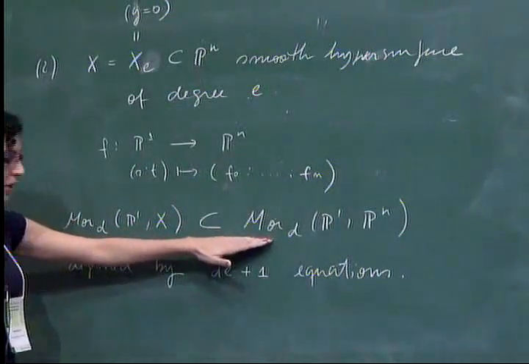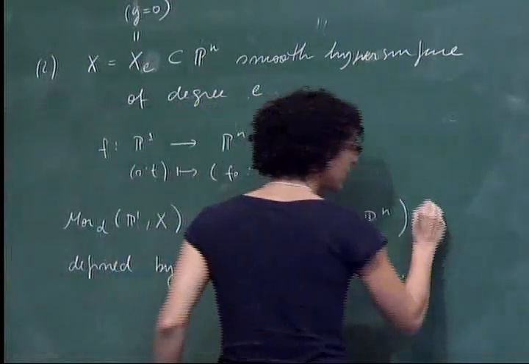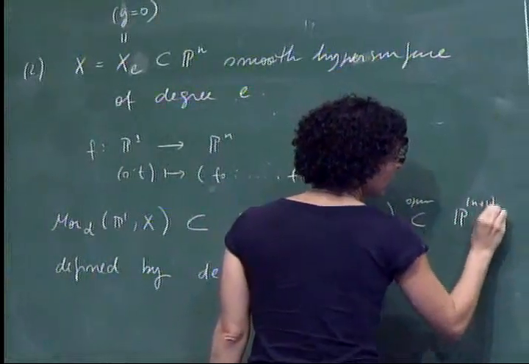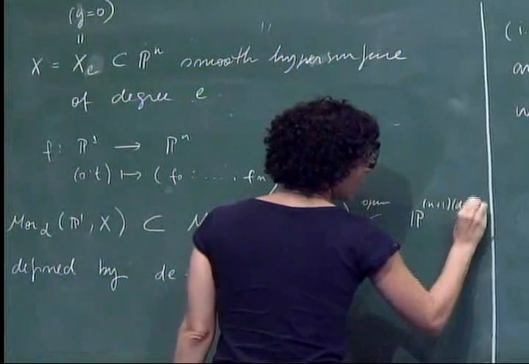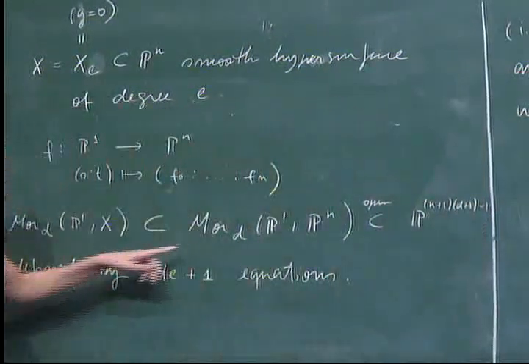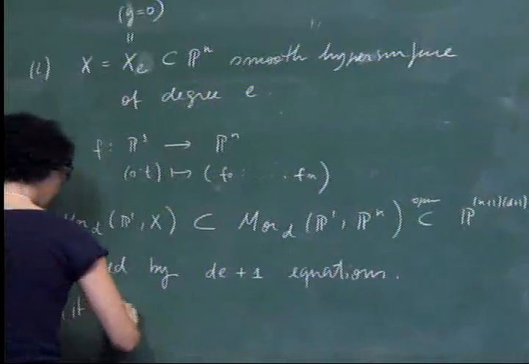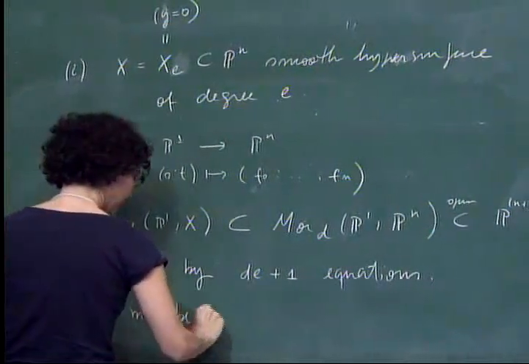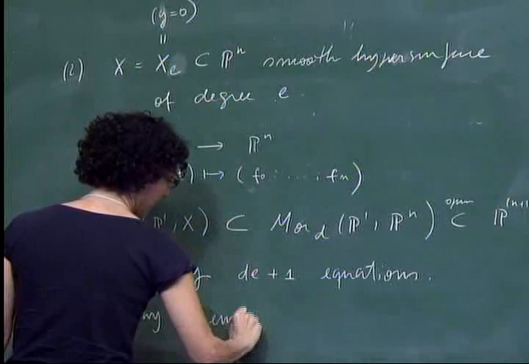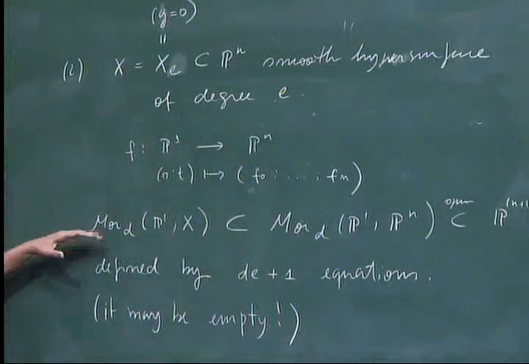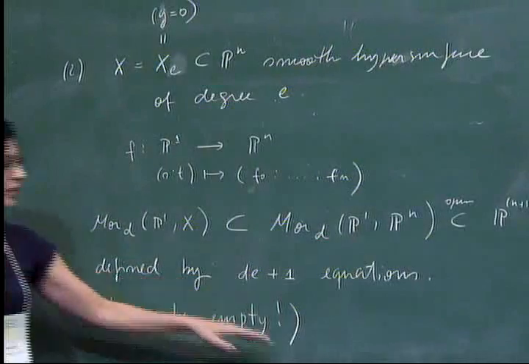Now this is an open subset in a projective space of dimension n plus 1 times d plus 1 minus 1. So this in fact may be empty. However, if it is not empty, we have an estimate on the dimension.